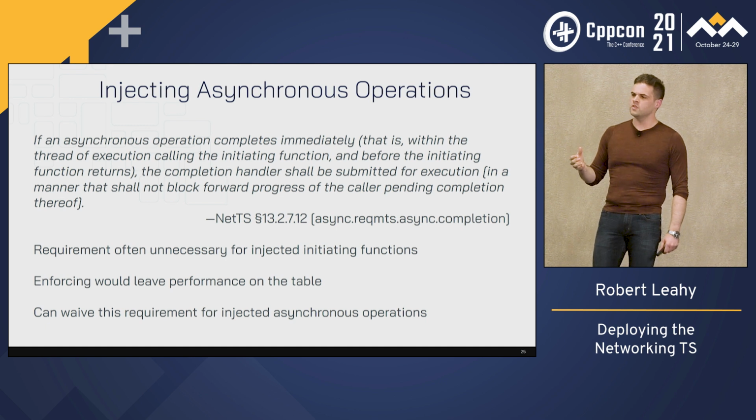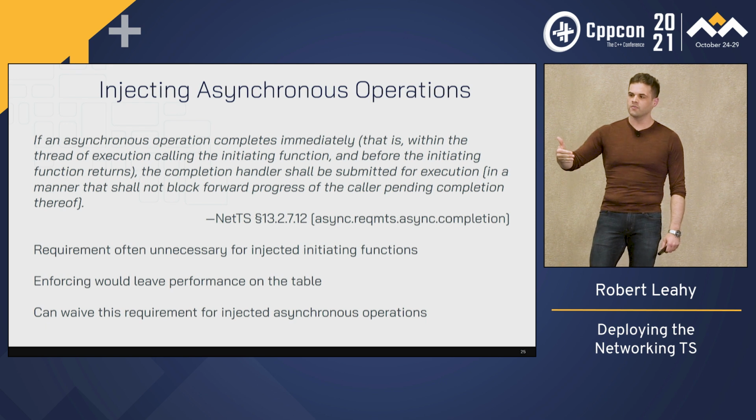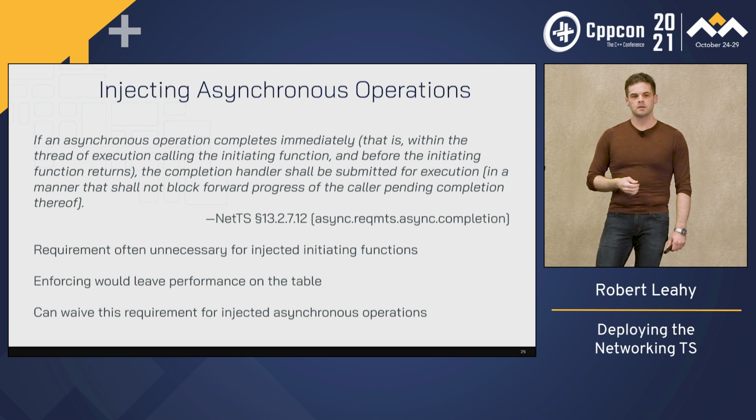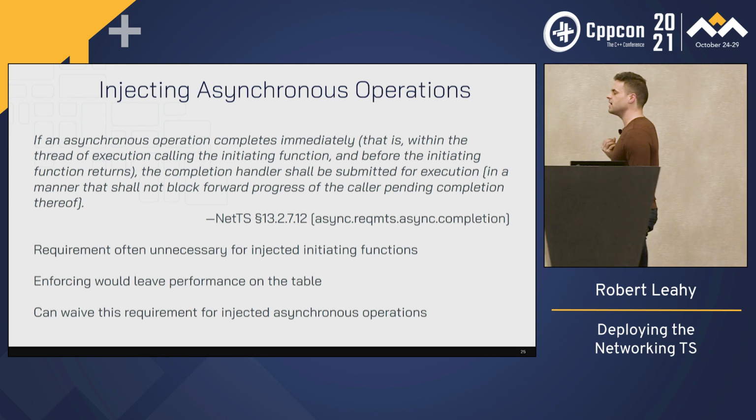And while that makes sense in the domain of asynchronous operations meant to be published as consumable bits by consumers, what about when we're injecting asynchronous operations? We're injecting asynchronous callbacks into something that is itself an asynchronous operation that already has to offer this guarantee. And so we may waive this requirement. And if we think about async start write, it becomes obvious why we can and should do so.